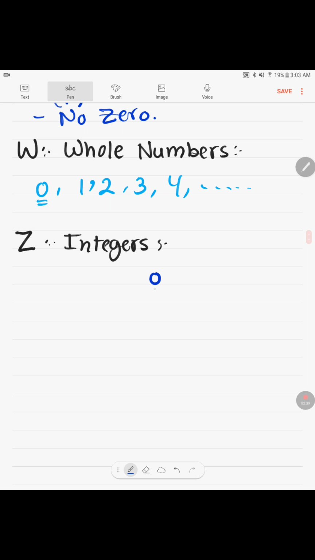So if we imagine the zero here and we have whole numbers here, and now if we imagine that all these numbers are reflected on this side with a minus sign, and so on to negative infinity, this set of numbers is called integers.